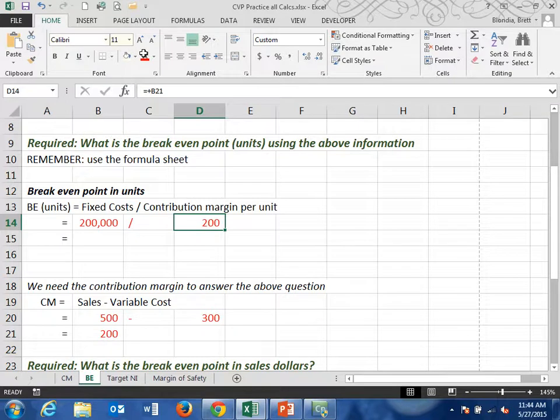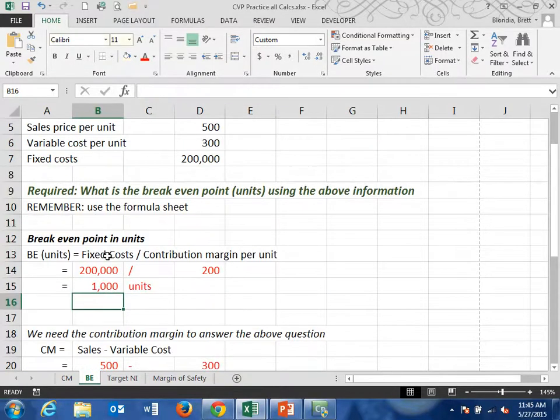So the break-even point in units is calculated by taking your $200,000 in fixed costs and dividing it by $200 per unit in contribution margin, which means that to break even, we need to sell 1,000 units. Again, this is stated in terms of units, not dollars. So if we sell 1,000 units, we will break even. We won't make any money, we won't lose any money. So that's the break-even point in units.